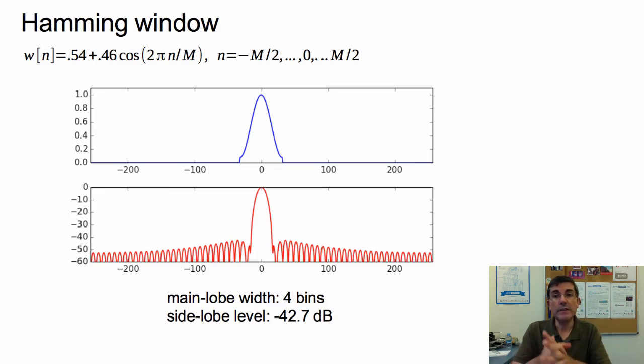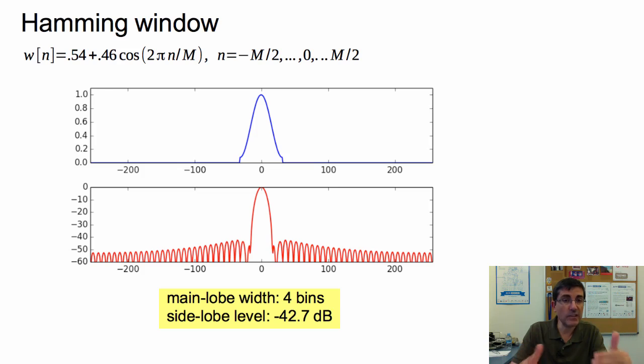The Hamming window is very similar to the Hanning, but with a small and significant difference. It's a raised cosine with a step at the sides. By having these small steps at the sides, we get a magnitude spectrum that maintains the same main lobe width, so that's good. It doesn't get wider.